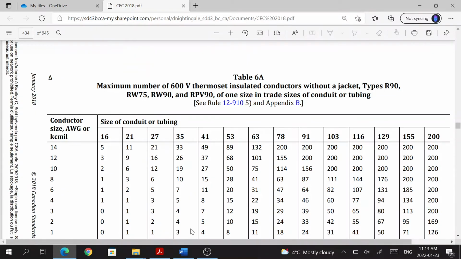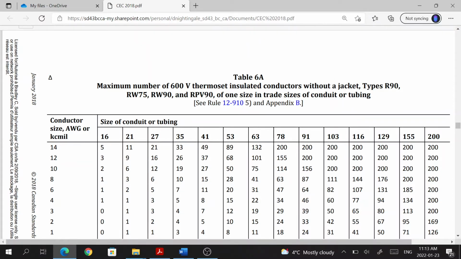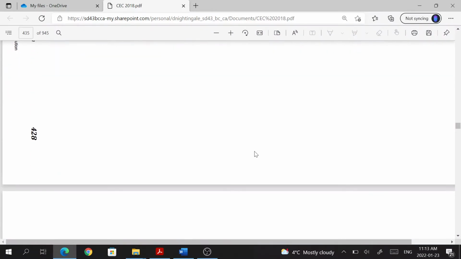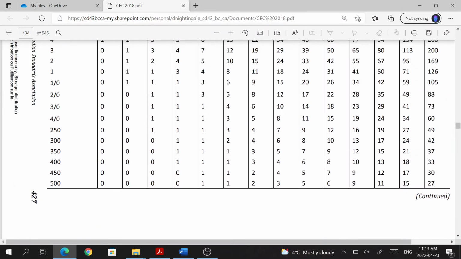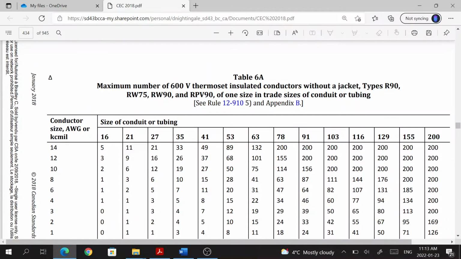Because it indicated in the question here that we're dealing with 600 volt insulation and thermoset R90 conductor, this is the table we're going to be using, as opposed to 6B, 6C that deal with other insulation ratings. But 6A is what works for us. So you've got to make sure you've got the right one.